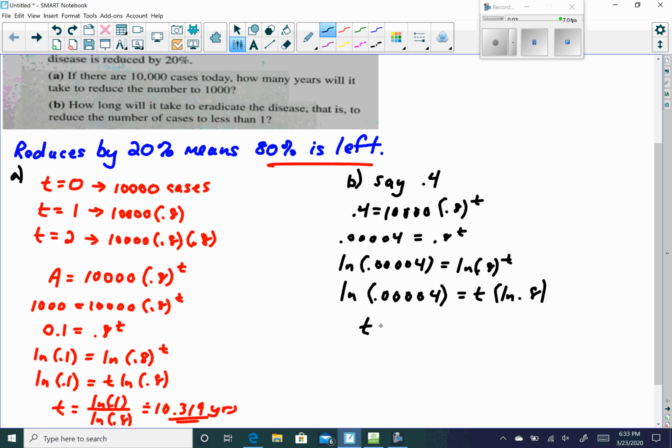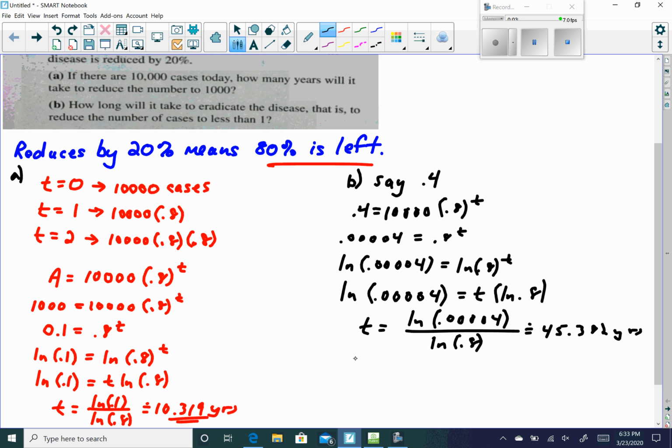Alright, so t is going to equal the natural log of 0.4 divided by 10,000 over the natural log of 0.8, and this gives us approximately 45.382 years.